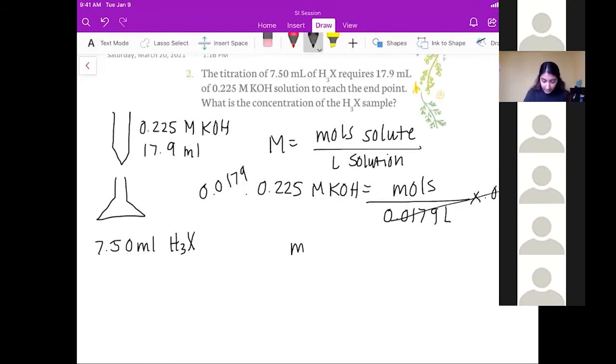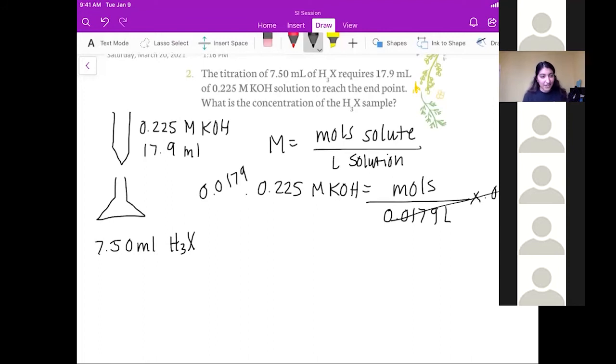Okay, so was anyone able to calculate the number of moles? So I'm seeing 0.00403.